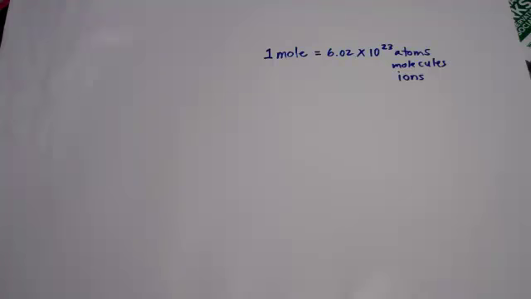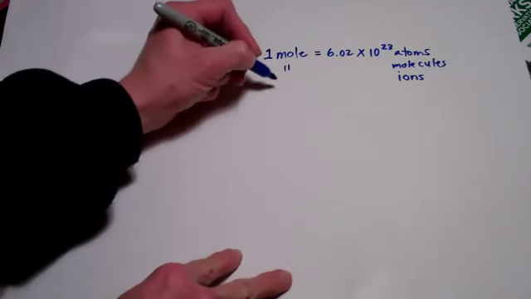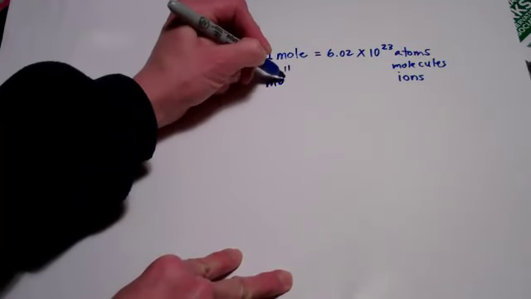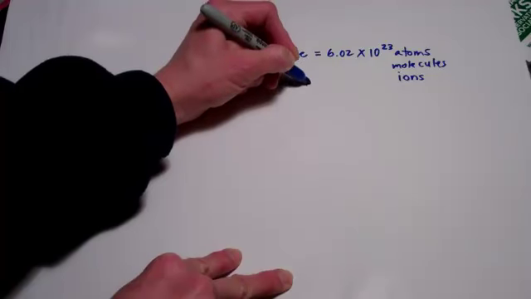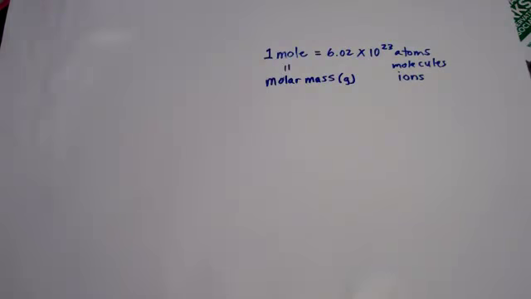And we also know that when we're talking about chemical formulas, a mole is also equivalent to the molar mass, so it also equals the molar mass in grams. That's great because now we have a way that we can convert between the mole and grams, which is something that we can weigh on a scale.